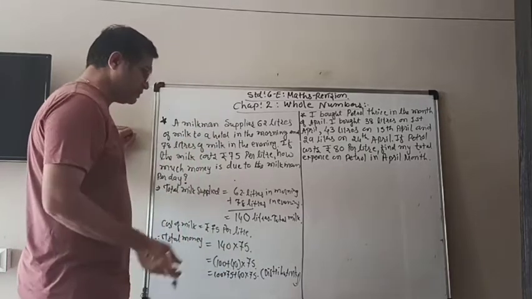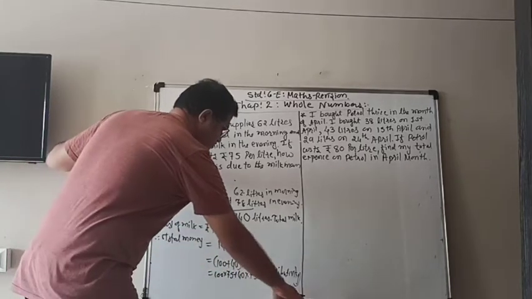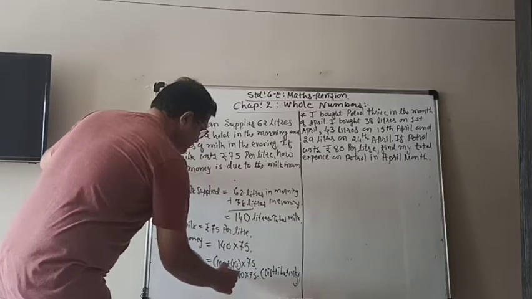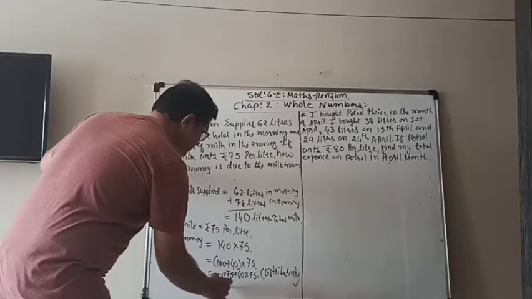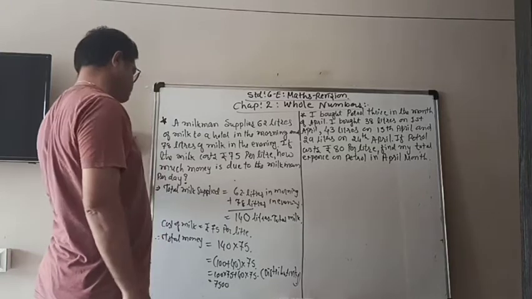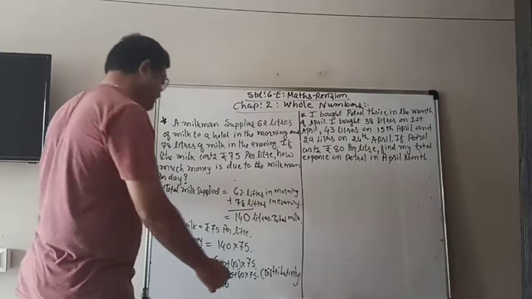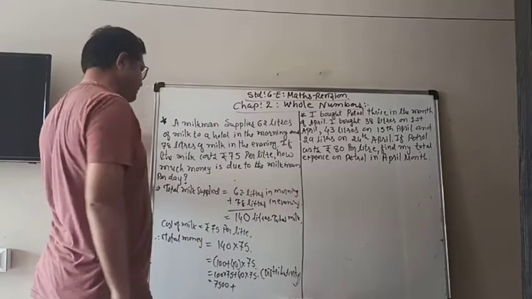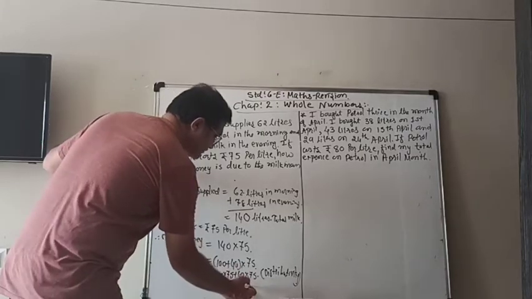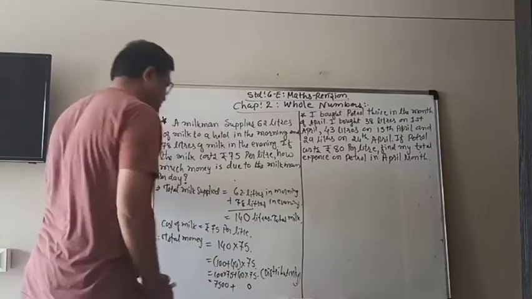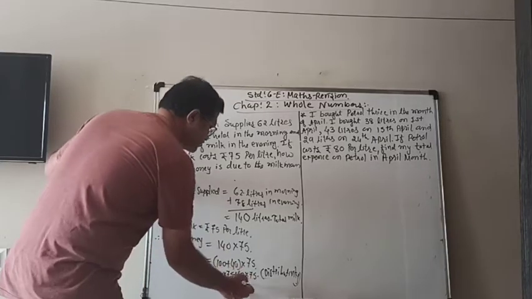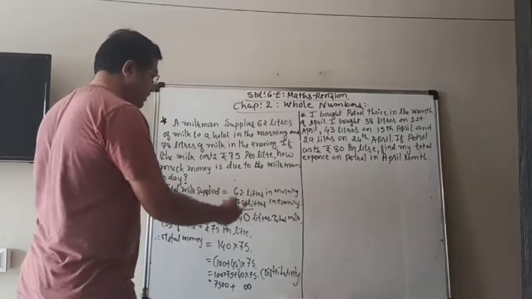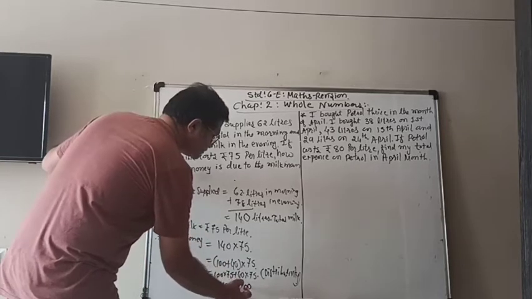You can directly also multiply, but by using distributivity it is easier. So 100 multiplied by 75 is 7500 plus 40 multiplied by 75, so you have to multiply 75 by 4 and put a 0. So 5 4s are 20, 7 4s are 28, 28 plus 2 is 30.